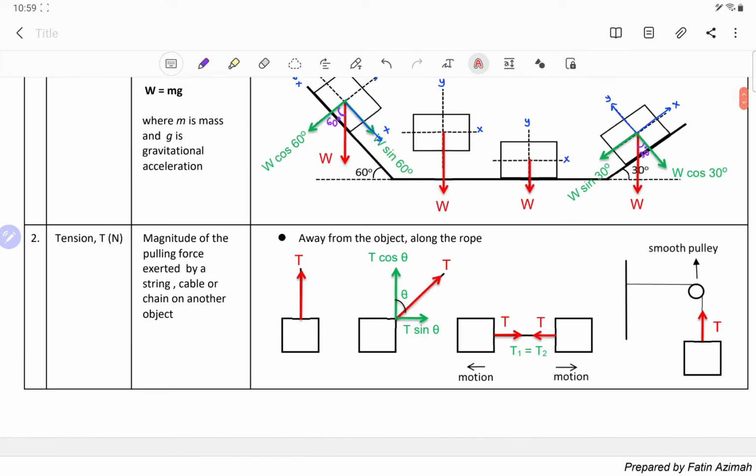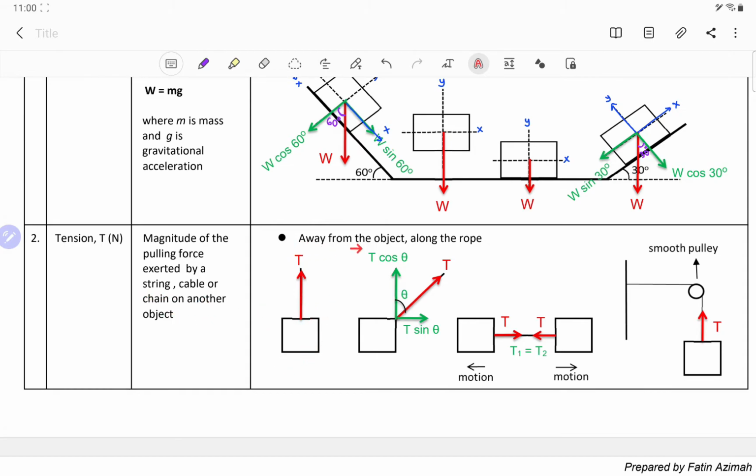Okay. So the next force is tension. Magnitude of the pulling force exerted by a string, cable or chain on another object. So ini tension ni akan berlaku apabila kita ada tali ataupun kabel ataupun rantai yang di-attach pada another object.